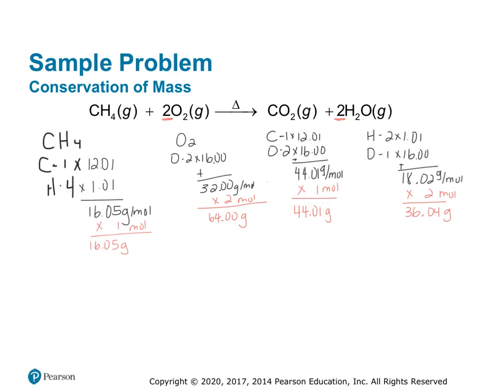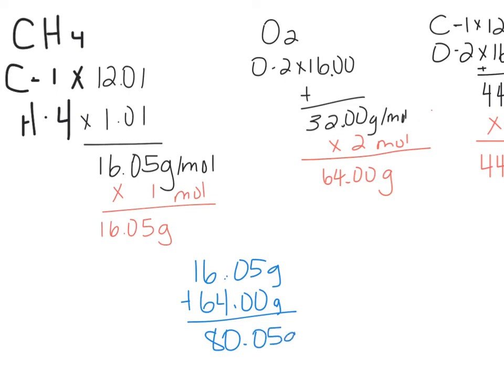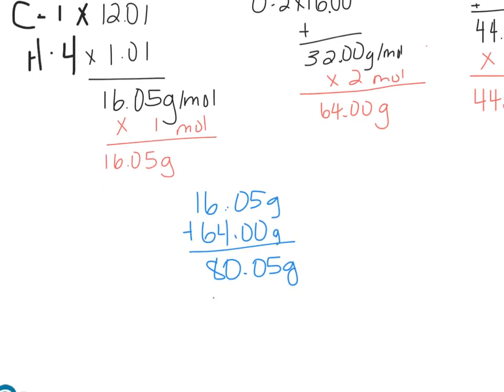If I add up my reactants and products separately, my reactants are going to be 16.05 grams plus 64 grams, and that comes up to be 80.05 grams for reactants.